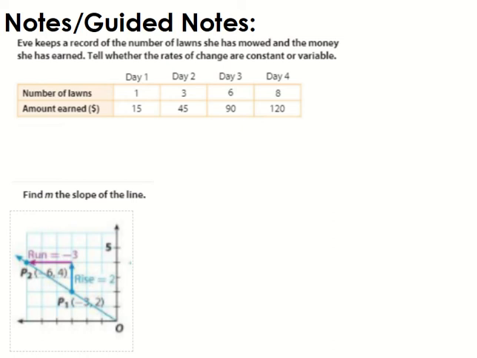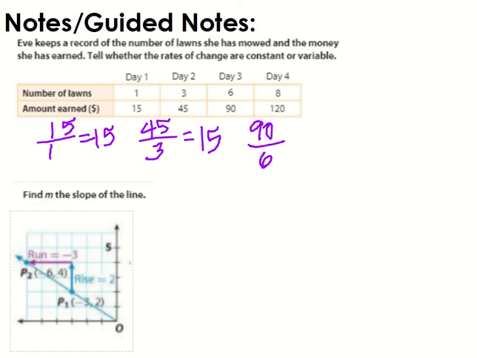And so we would do 15 over 1 and get 15, and then 45 over 3 and get 15, and then 90 over 6, that's 15, and then 120 over 8, that's also 15.